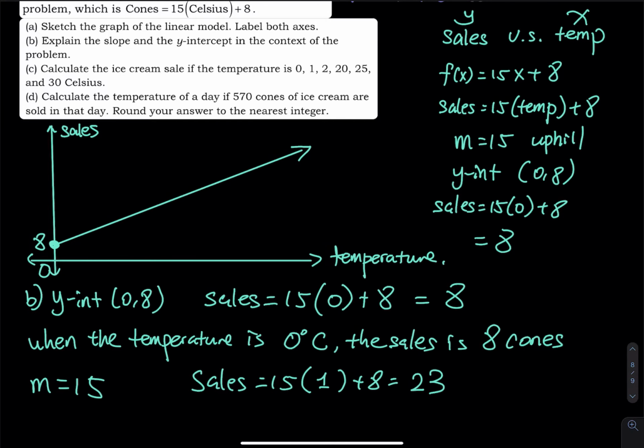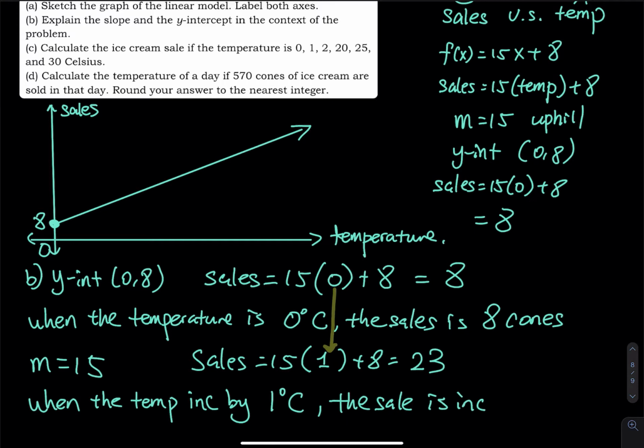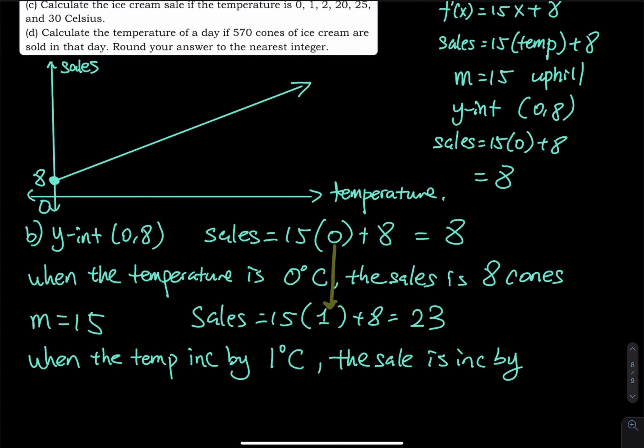So you just change the x from 0 to 1. What does that mean? When the temperature increases by 1 degree Celsius, the sales is increased by 15 cones.